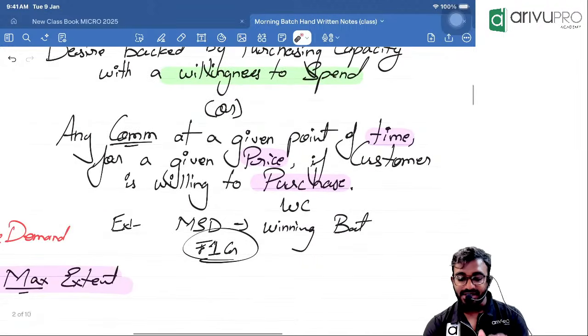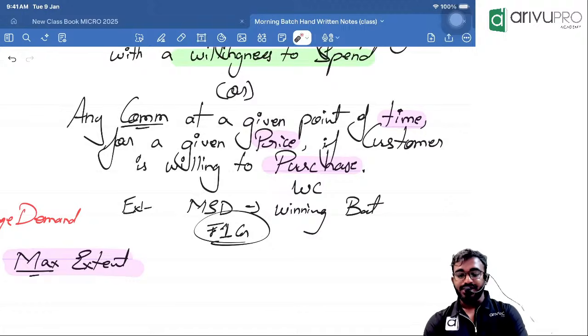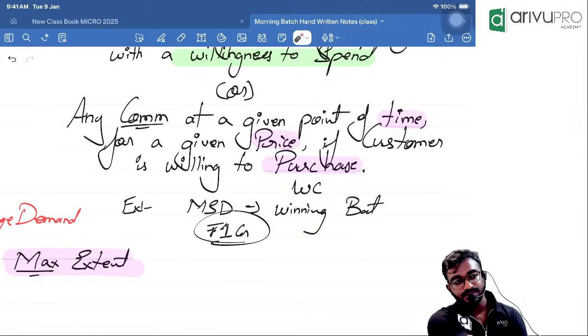Or the second way of understanding: any commodity at a given point of time for a given price, if a customer is willing to purchase, it is called demand.